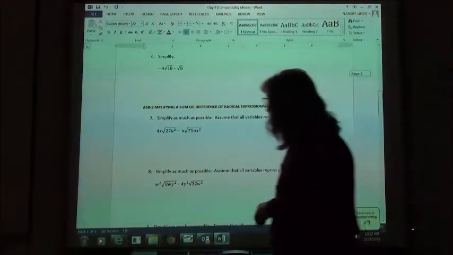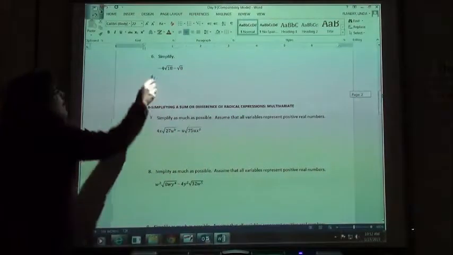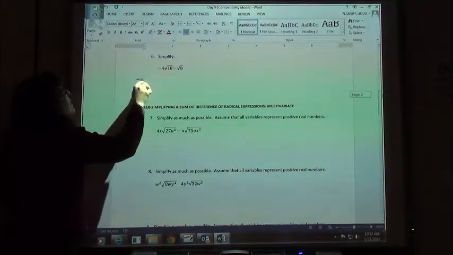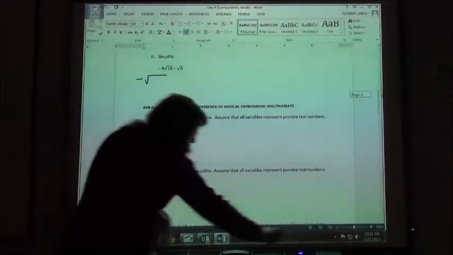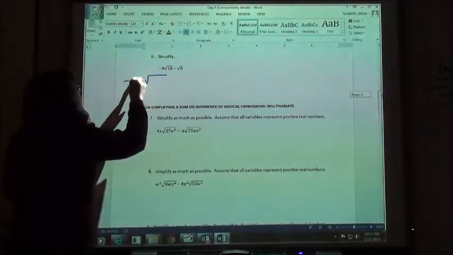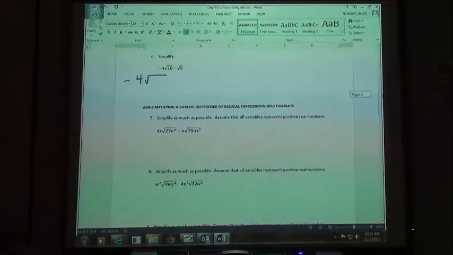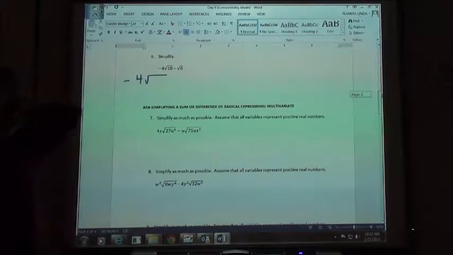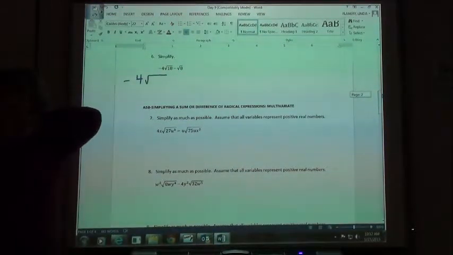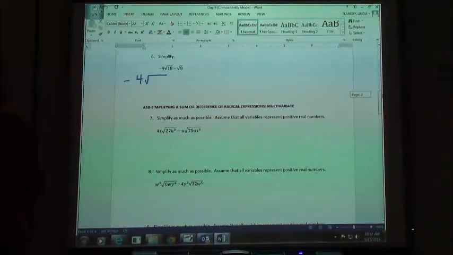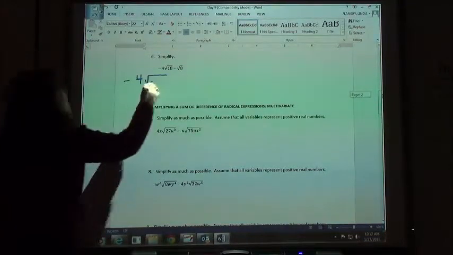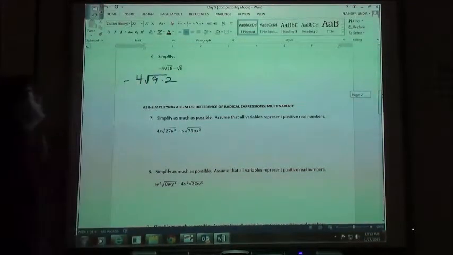So number 6, same kind of thing. This time I have negative 4 square root of 18. Oops, I better write the 4 in there. Negative 4 square root of 18. The 18, of course, isn't a perfect square again. We want to factor 18 into 9 times 2.